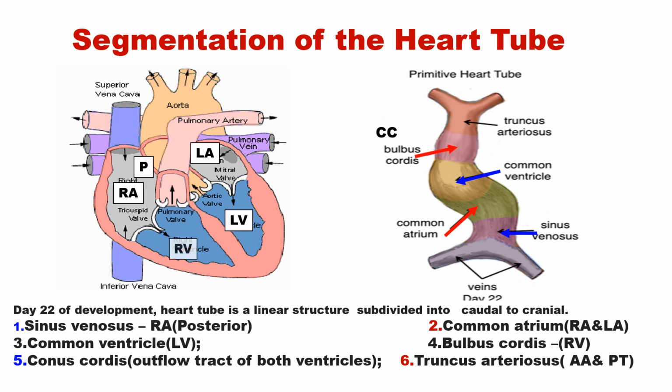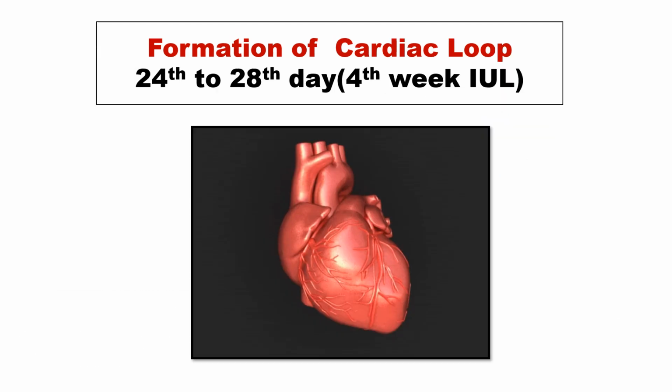Bulbus cordis forms the trabeculated inflow tract of the right ventricle. Conus cordis forms the outflow tracts of the left and right ventricles: in the left ventricle, the aortic vestibule, and in the right ventricle, the infundibulum. Truncus arteriosus forms the ascending aorta and the pulmonary trunk.